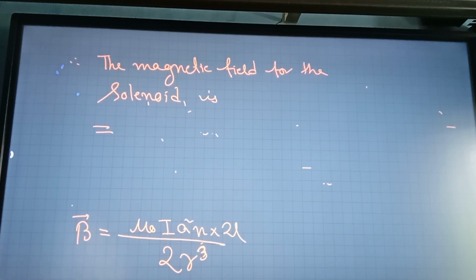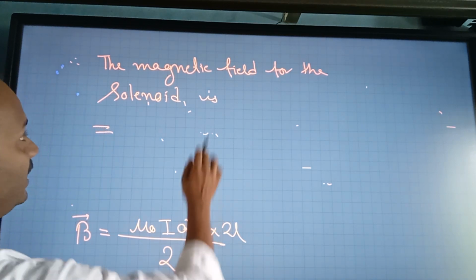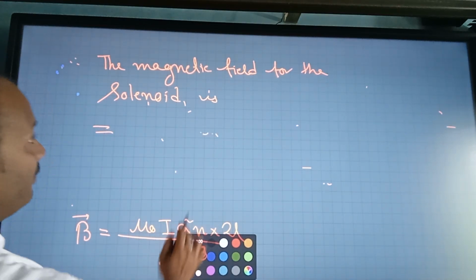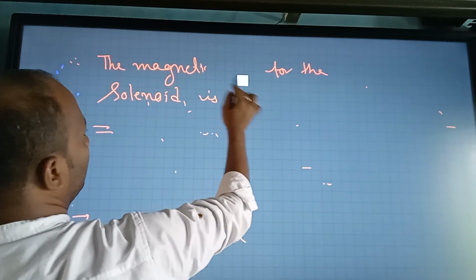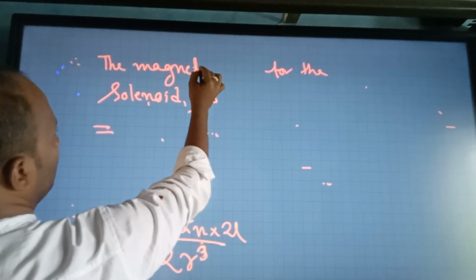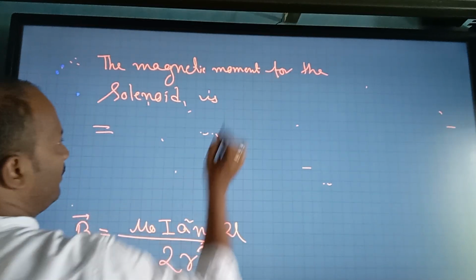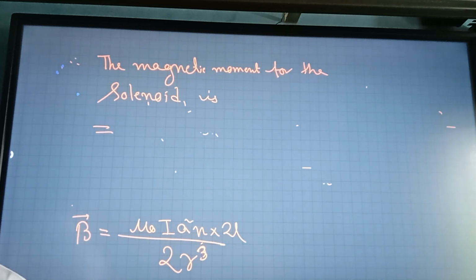Since it is not the magnetic field, it is the magnetic moment. Since the magnetic moment for the solenoid is what?